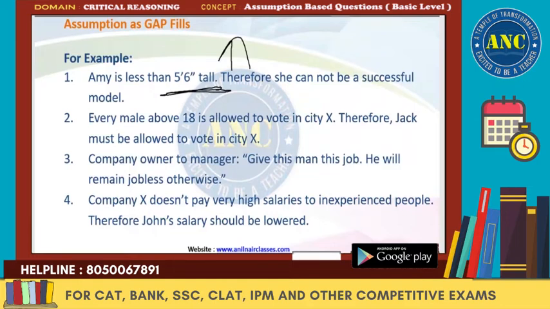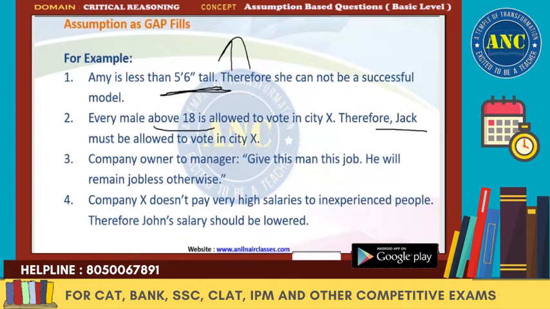Every male above 18 is allowed to vote in city X, therefore Jack must be allowed to vote in city X. So what can be concluded, or what is the assumption? That Jack is male and also that he is above 18. Company owner to manager: give this man this job, he will remain jobless otherwise. What was the assumption?